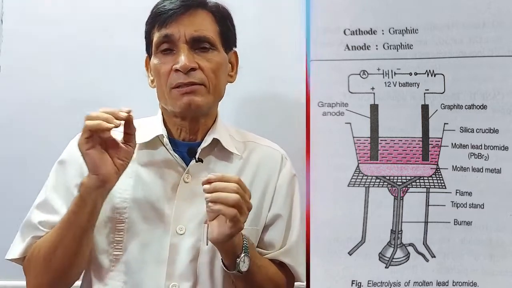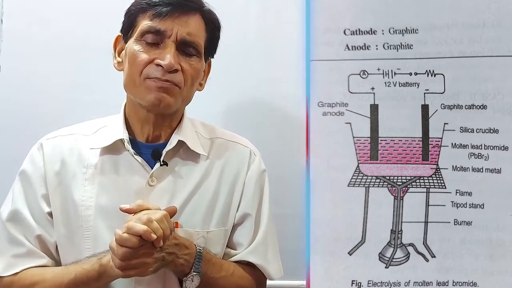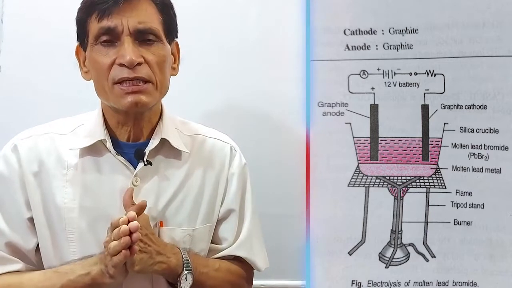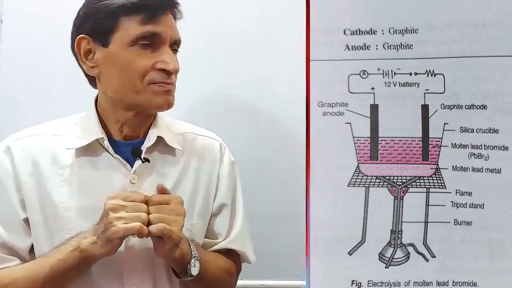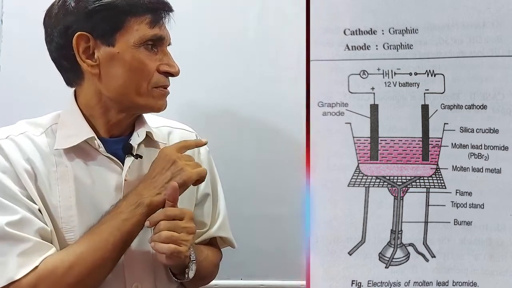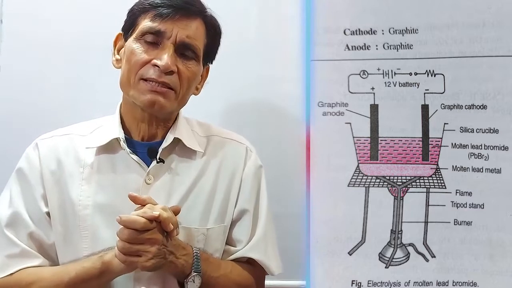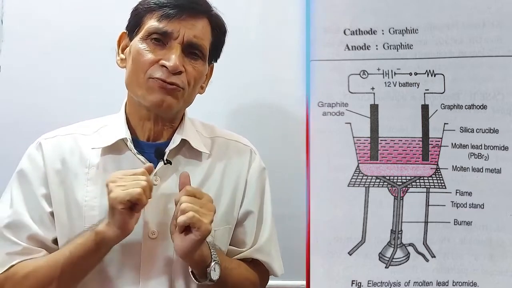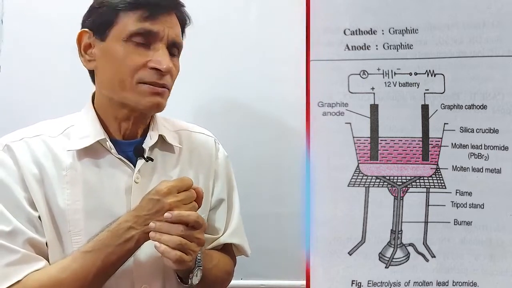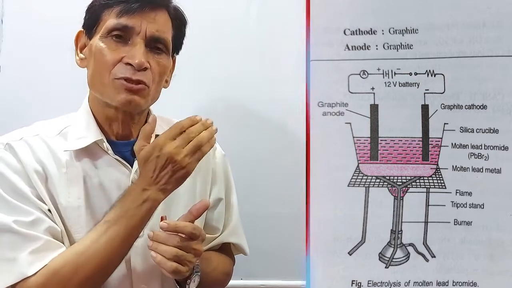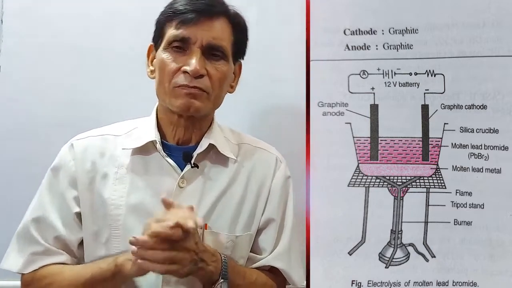Reason: the cathode is connected to the negative terminal of the battery. It is a negative electrode and attracts the cation like lead ion. And the graphite anode is connected to the positive terminal of the battery, that is a positive electrode. Therefore, it attracts the anion, that is bromide ion, and bromide ions migrate towards the anode.